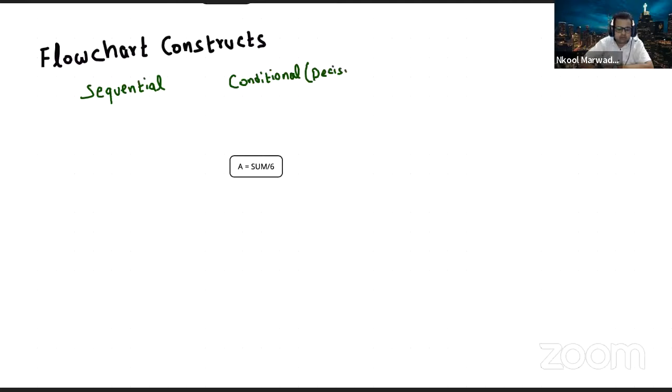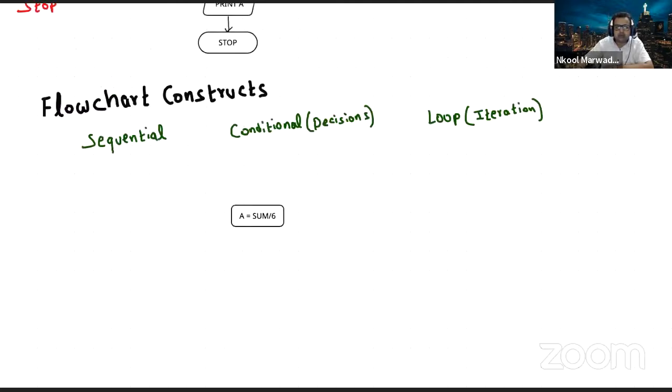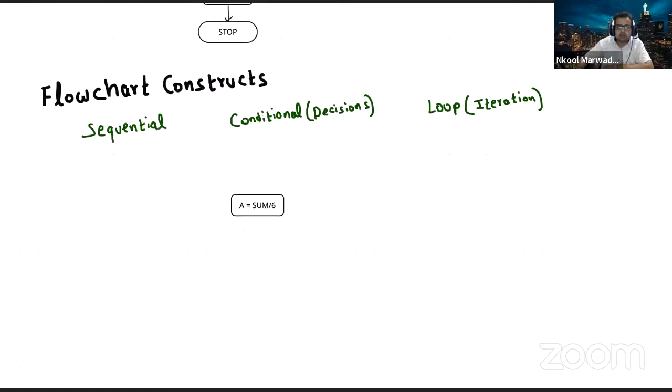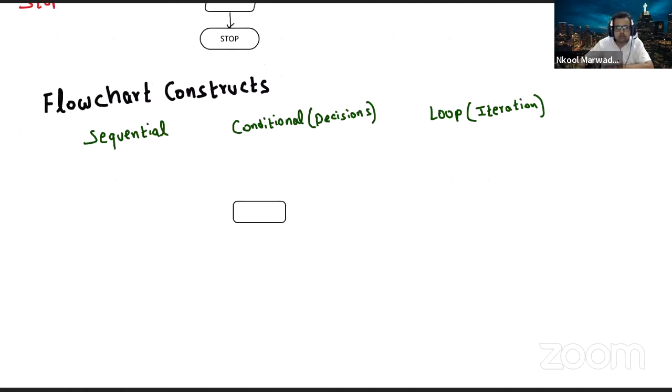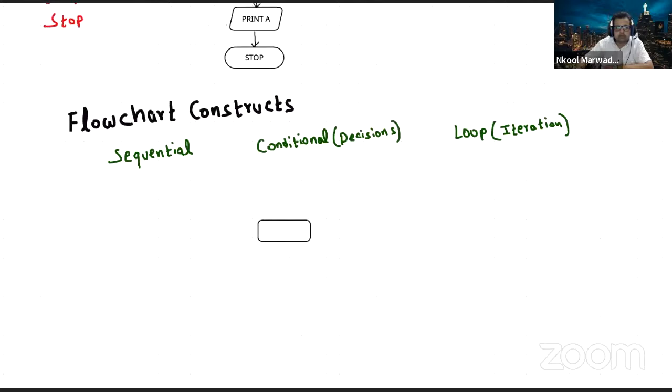The flow can be loop or iteration. Now we will discuss how to draw all these, because loops and decisions are so important. We have already seen how to draw that, but still once again we will look at it properly.